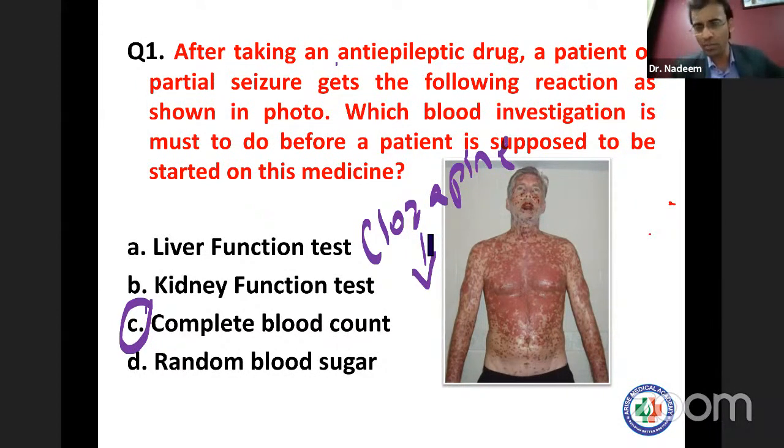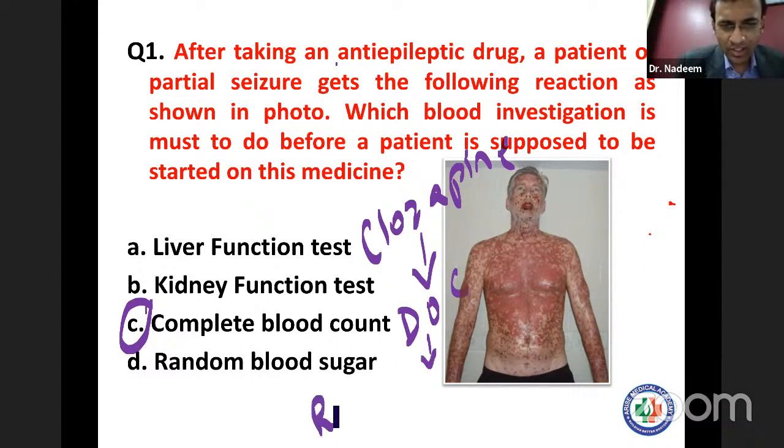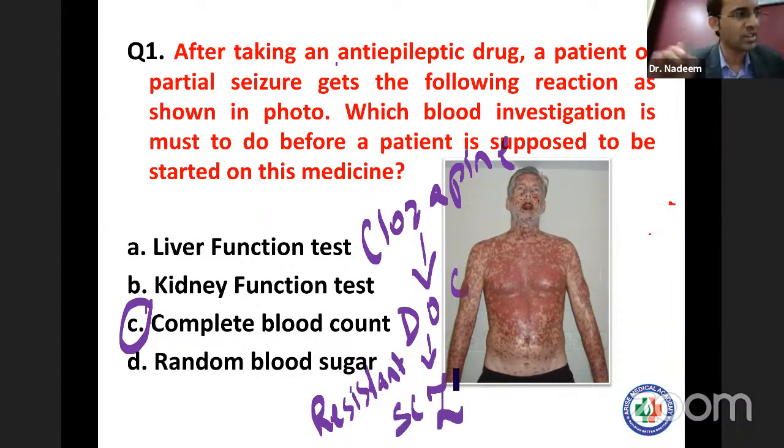I hope you remember some points related to clozapine: it is the drug of choice for resistant schizophrenia. Let me tell you some extra points about clozapine. Clozapine was the first second generation antipsychotic drug, the first drug which was synthesized.